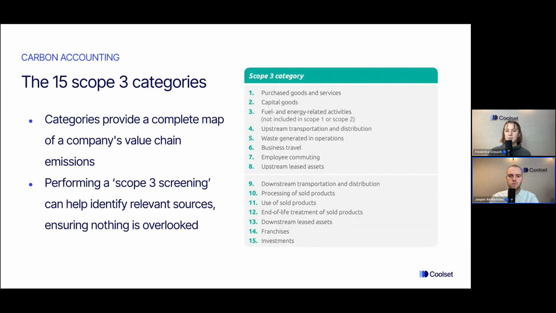And then 9 to 15 is downstream. So once the goods or services have left your company's control, maybe delivering goods to customers, or once a good has been used, that end of life process of recycling or waste disposal, etc.